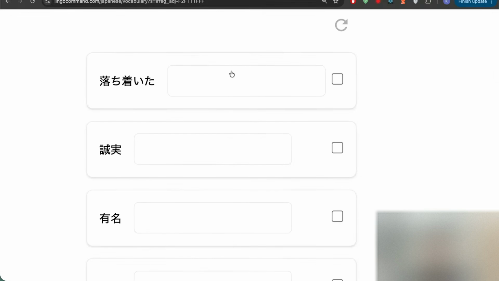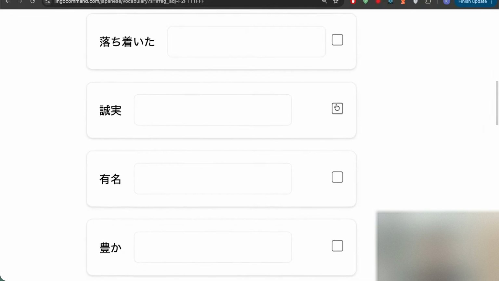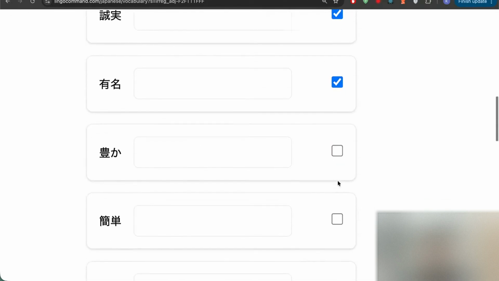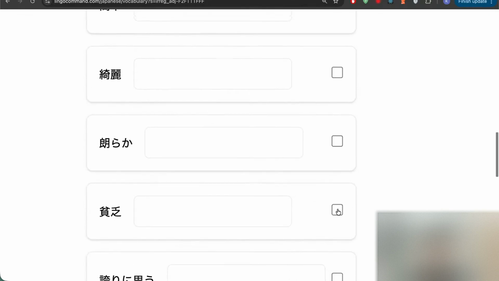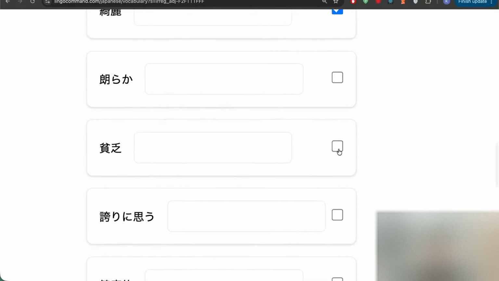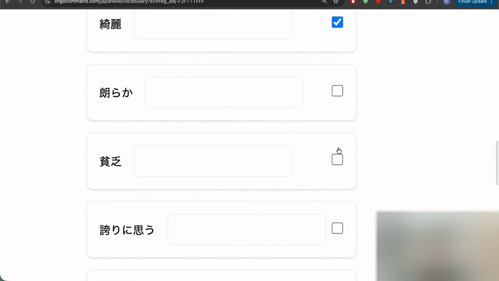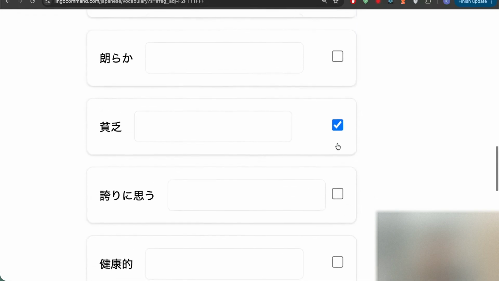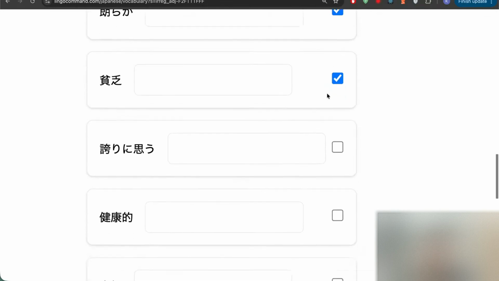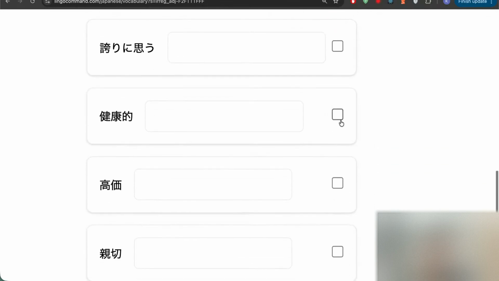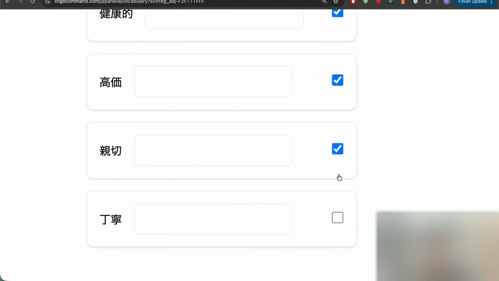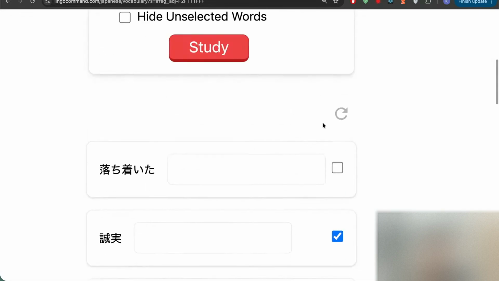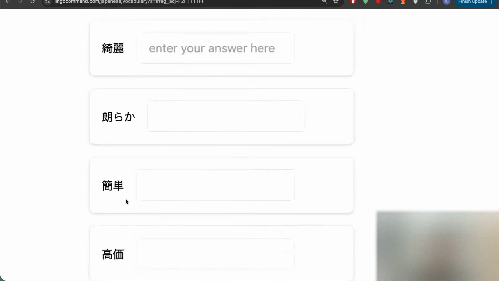So this ochitsuita, which means calm, we don't really need that. We just need this one over here. It's good to focus on your weaknesses in this case, in my opinion. This one we got wrong though, so we'll take that. There we go. So now we can hide the unselected words.